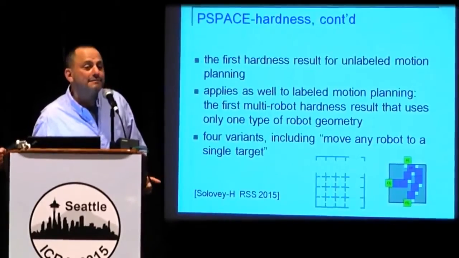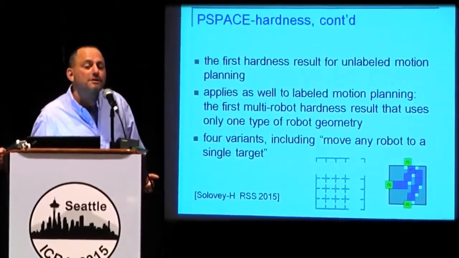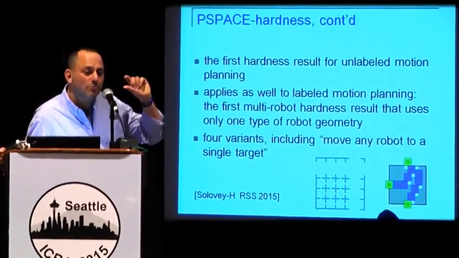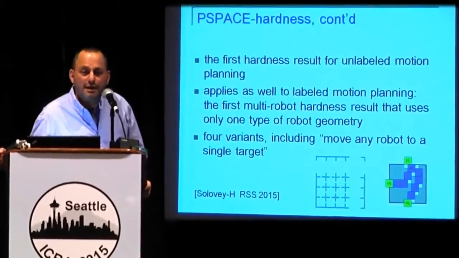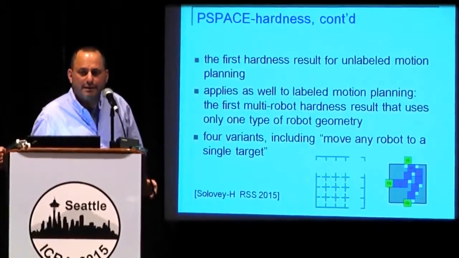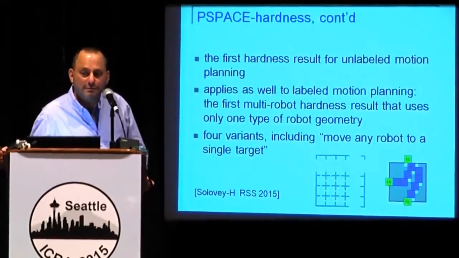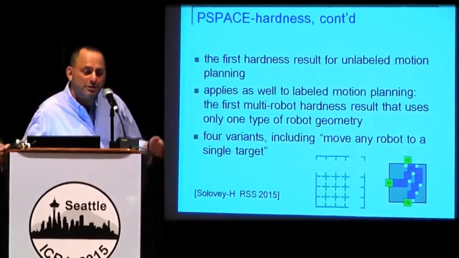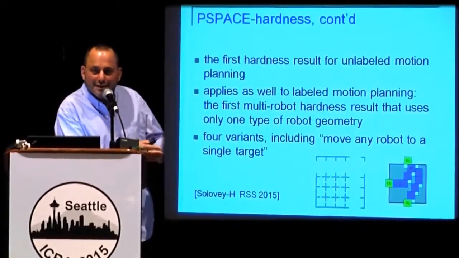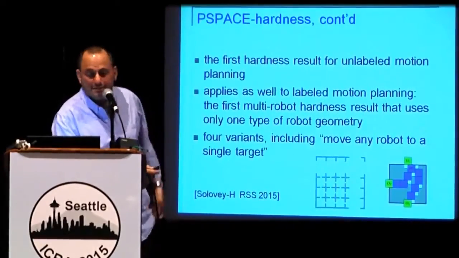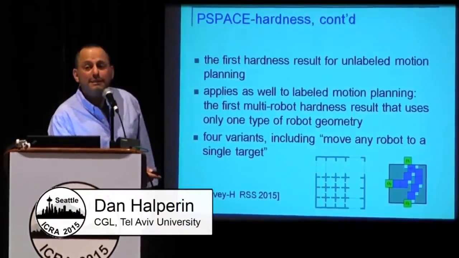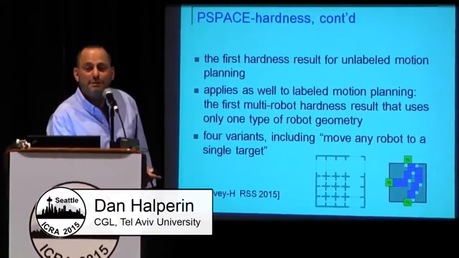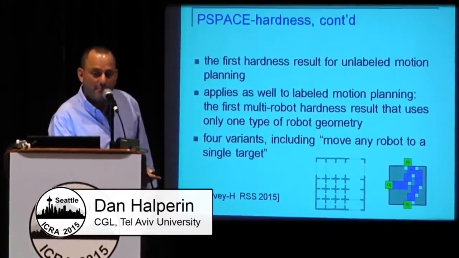And it's also a first because it's the first that uses one type of robot for hardness. Earlier multi-robot motion planning results started in '84 with many different types of robots. It got smaller to 2, and this is the first one that uses a single type of robot. And it's amazing how simple the problem can be and still be hard.